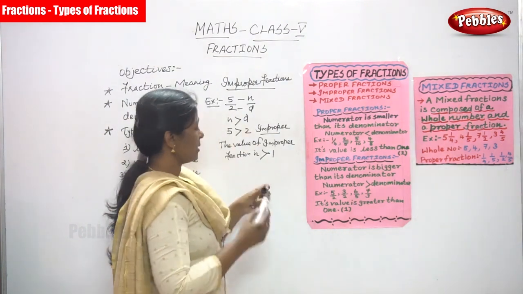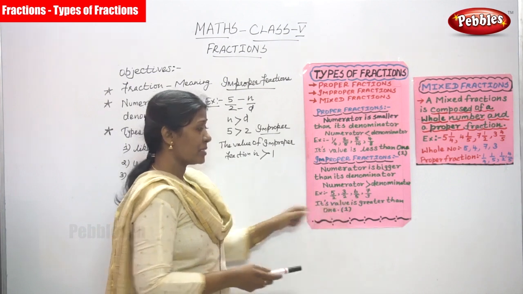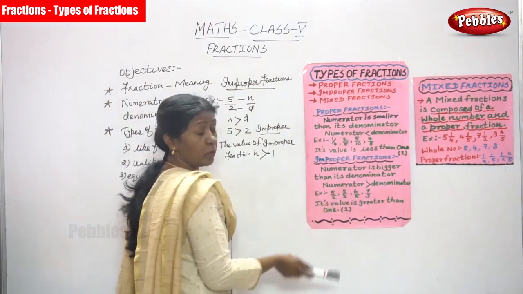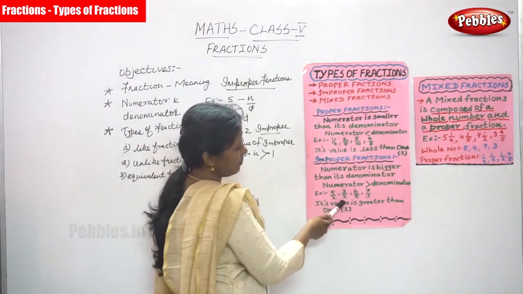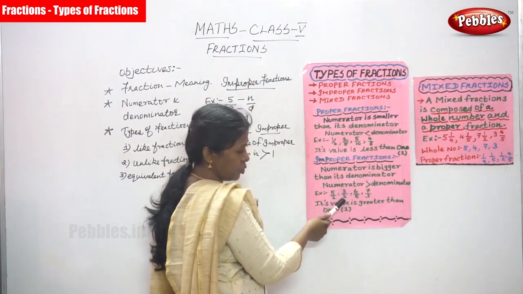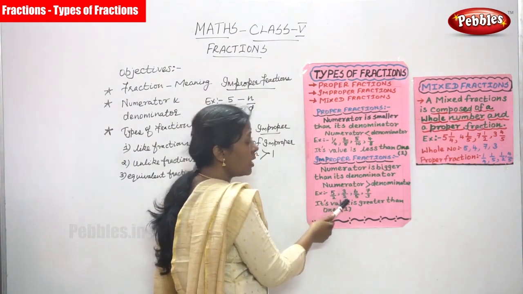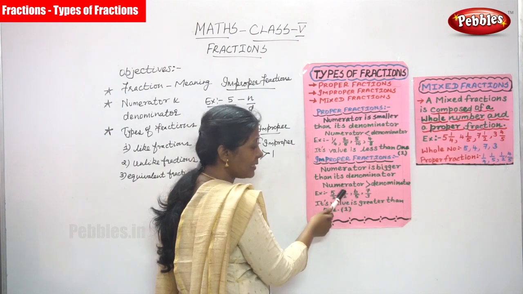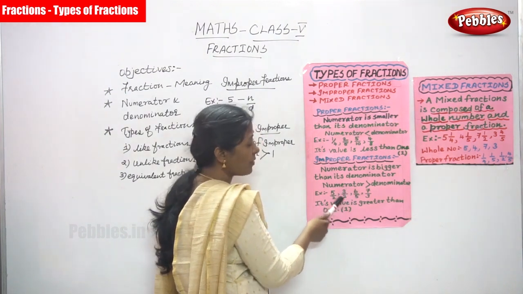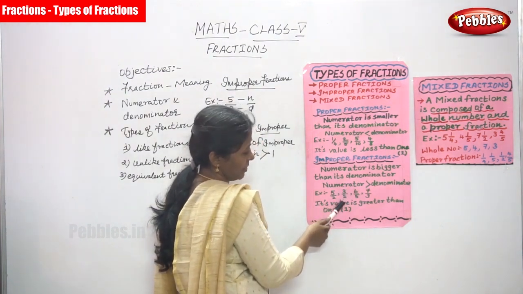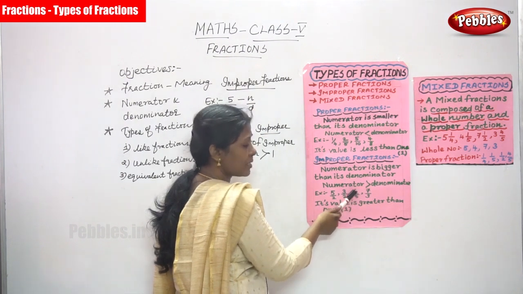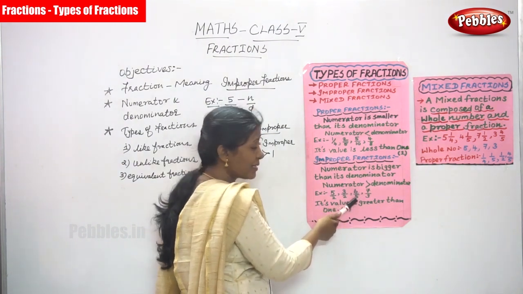Look at the next example, 3 by 2. 3 is greater than 2, so we can call it an improper fraction. 6 by 5, 6 is the numerator and 5 is the denominator.